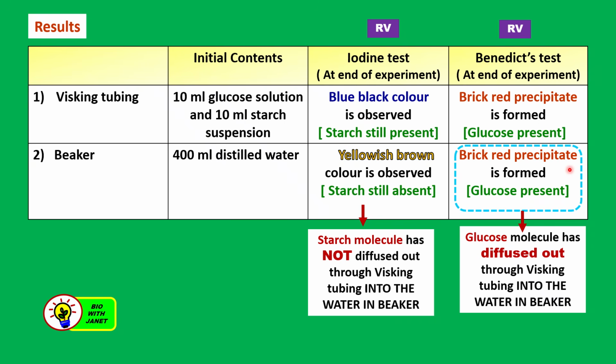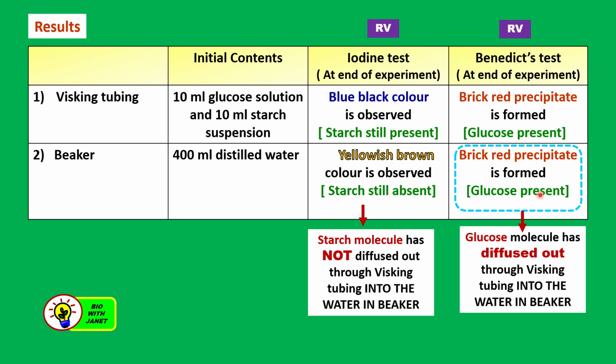Add 2 ml of the water from the beaker to 1 to 2 ml of Benedict's solution, mix it up, and then heat it in a water bath. You get a brick red precipitate, or maybe an orange or yellow color. This still shows the presence of glucose or reducing sugar. Okay, so if there's reducing sugar, it's obviously glucose, right?